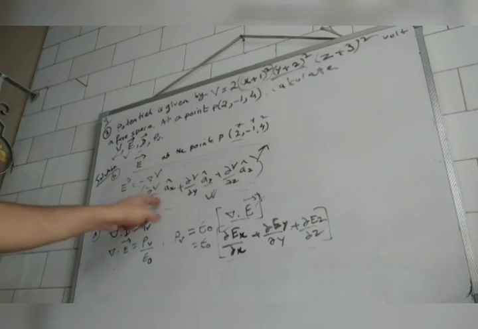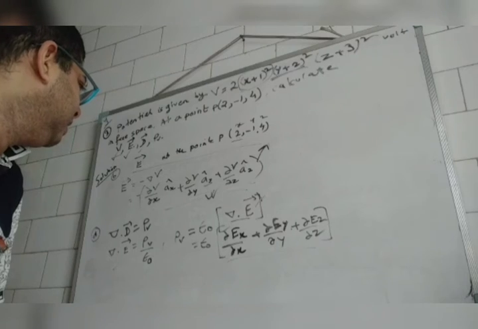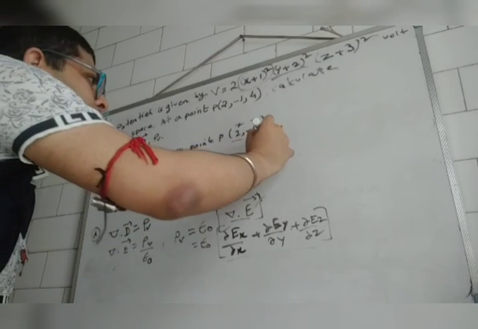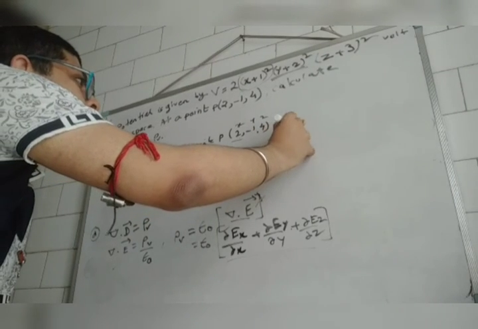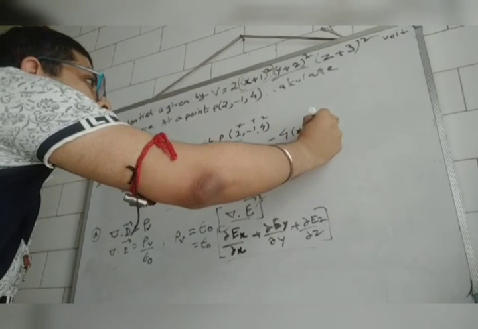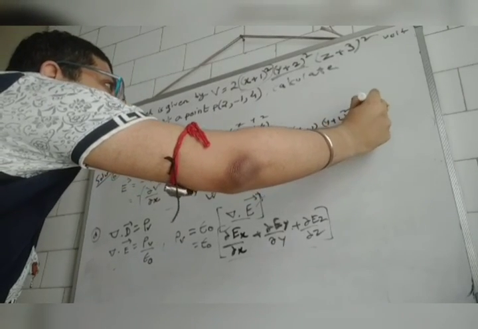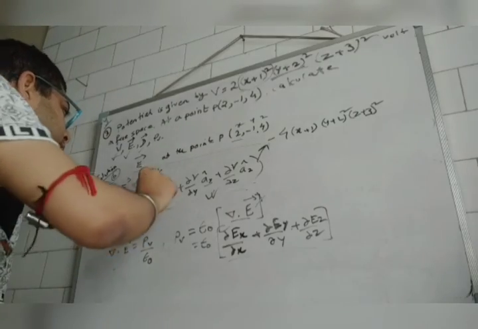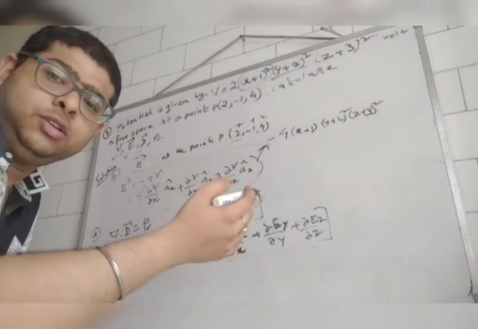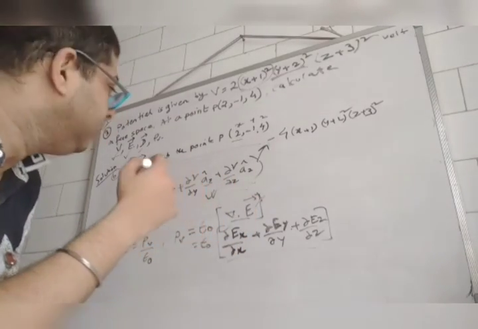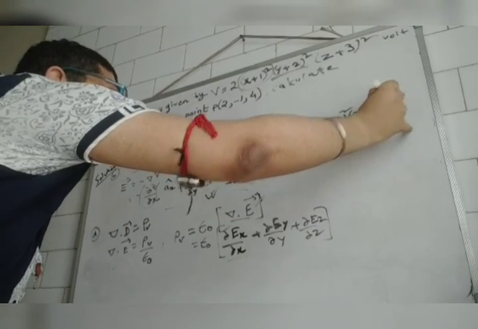If you differentiate this, as we have already done earlier, we will be getting minus 4 times (x plus 1) (y plus 2) (z plus 3) whole square. You can pause the video or rewind and check. This is what we got. This will be the unit vector.